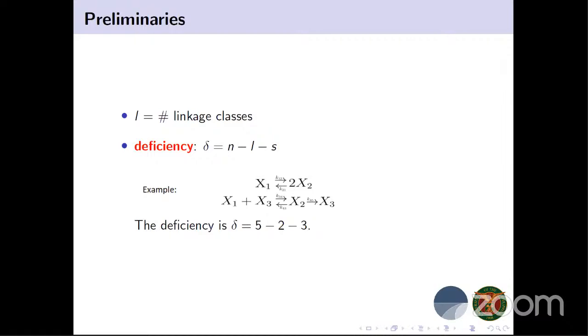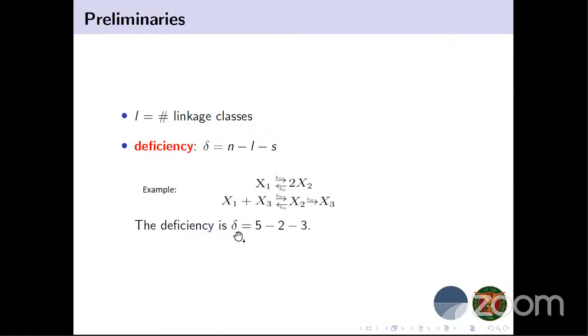We have this very important formula in CRNs. We have the deficiency, denoted by delta. It's n minus L minus S, where n is the number of complexes. Again, the complexes are either a reactant or a product. L is the number of linkage classes. S is the rank of the network, or the dimension of the stoichiometric subspace. In our example, we have this network with 5 reactions.